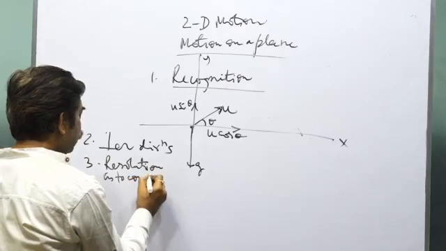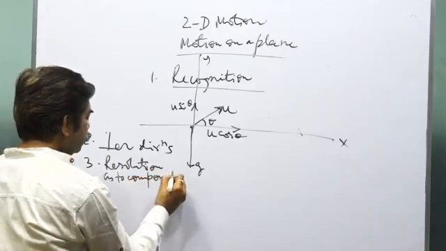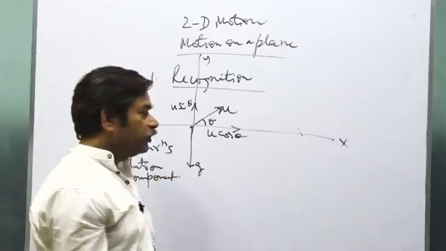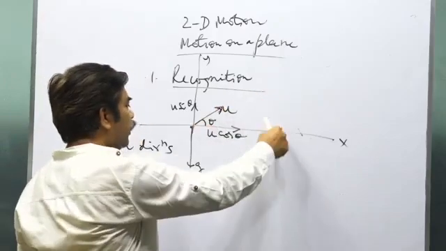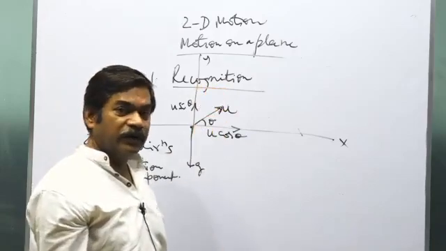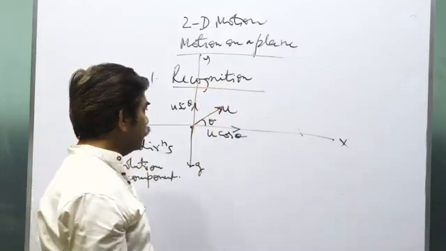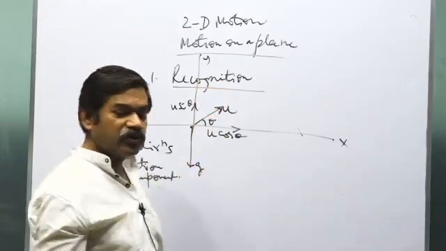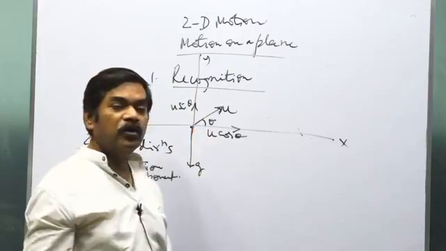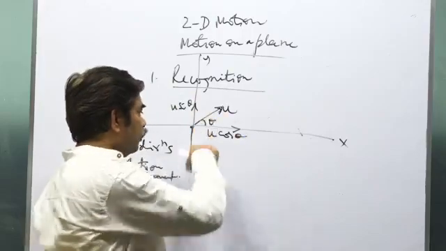When you resolve into components, keep in mind that here only u was neither along x nor along y, so that has been resolved. If the same had been true of the acceleration also, then the acceleration would also have been divided into two components along x and along y.